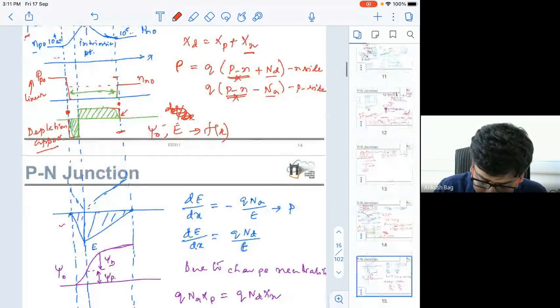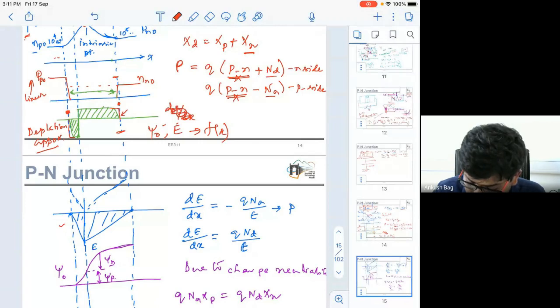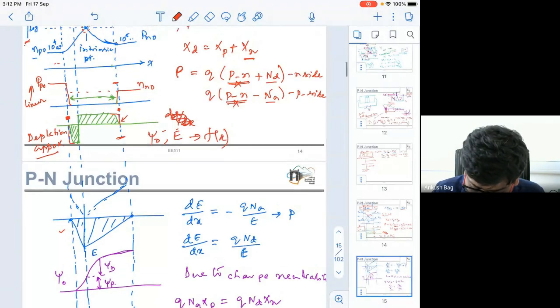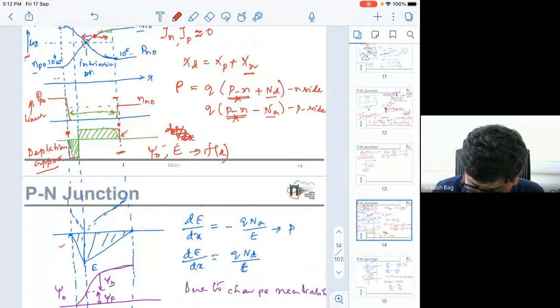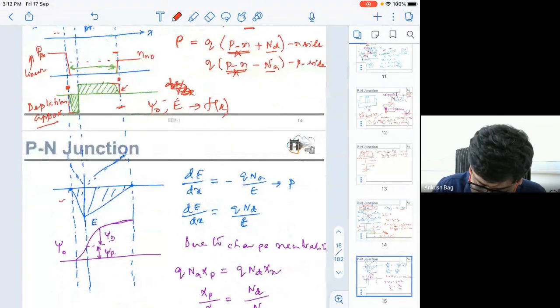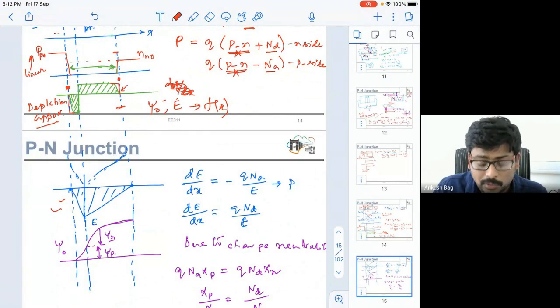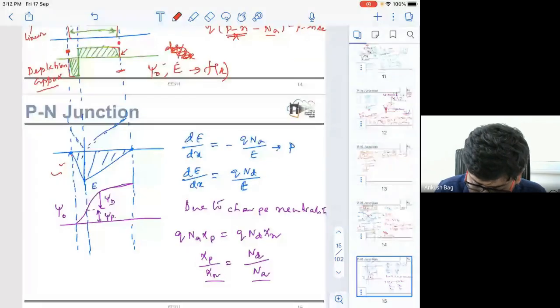From the space charge distribution, that is qNa or qNd, we calculated, or we have observed, the electric field variation with x. This comes from Gauss law. If we integrate this electric field distribution with x, we get the potential variation. So this is finally the potential variation with x.